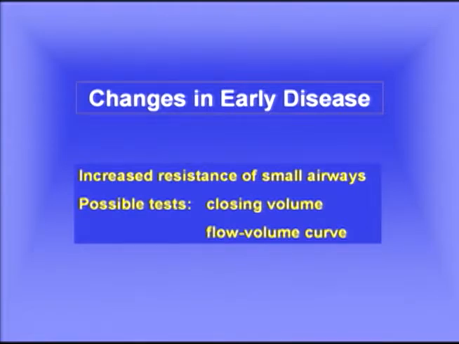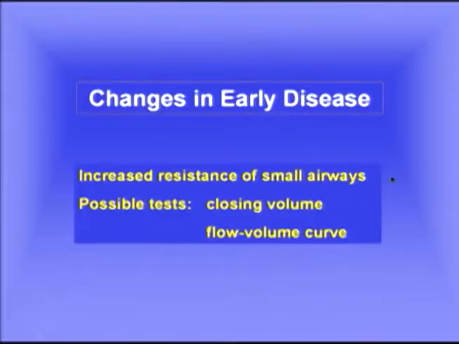Now, what we'd like to do with chronic bronchitis is to pick up the increased resistance of the small airways at an early stage. Difficult to do because, as we've said several times now, the small airways constitute a silent zone. The amount of airway resistance in the small airways in the normal lung is very small. So it's difficult to pick up an increase in resistance of the small airways.